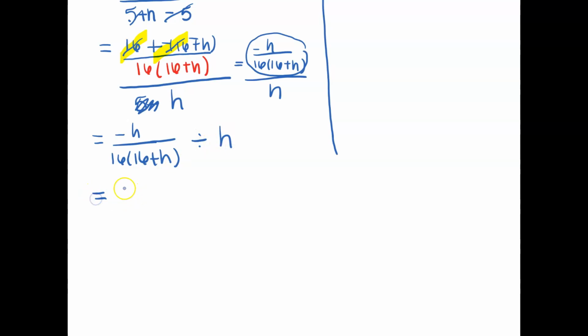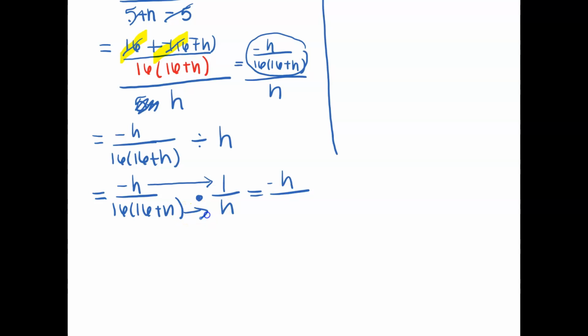Remember, you keep it, change it, flip it. So you keep the first, you change it to multiplication, and you flip the second. Now when you multiply fractions, you multiply across the top, so that gives you negative h, over, multiply across the bottom, 16 times 16 plus h times h, and these h's would cancel.